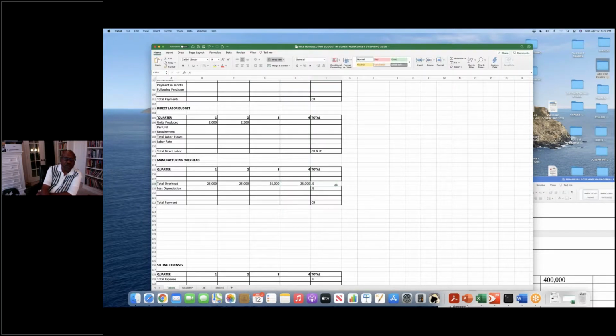So then you've got to subtract out depreciation because that's not a cash expenditure. So how much is the depreciation? $10,000 a quarter, depreciation included in manufacturing overhead.